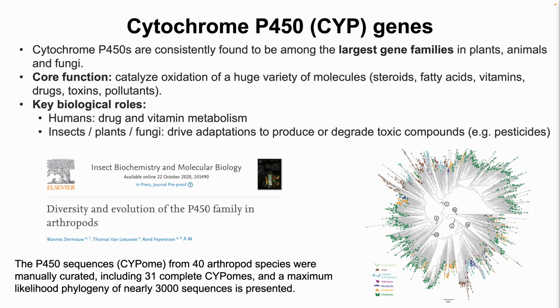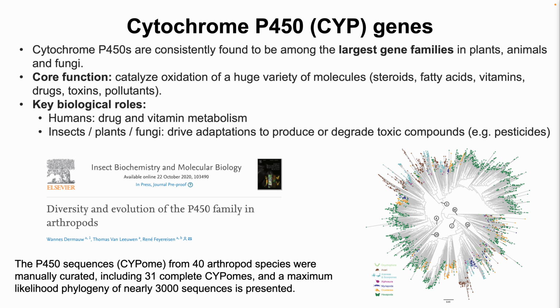They have this core domain function, but they have proliferated. This is one of the reasons we think they're such a big gene family: they've adapted to recognize different kinds of molecules and then oxidize those. So they have that core oxidative function, but they recognize all kinds of different signal molecules.